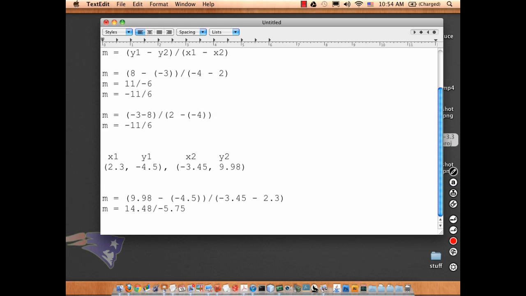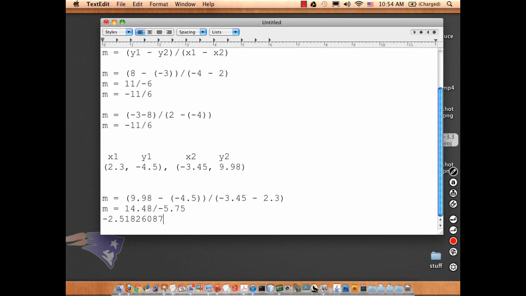There we go. All right, take those two numbers and divide them. 14.48 divided by 5.75. And what did you get? You should get negative 2.51826087 for the slope.